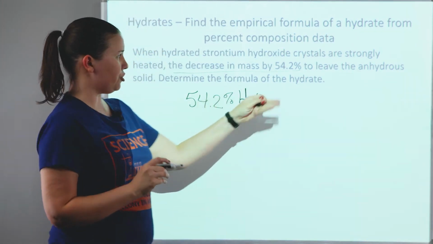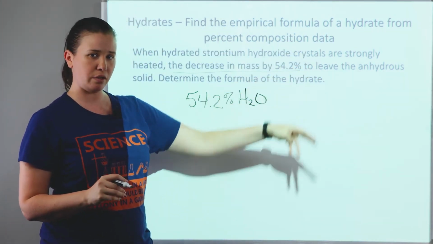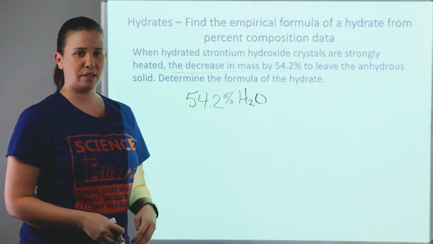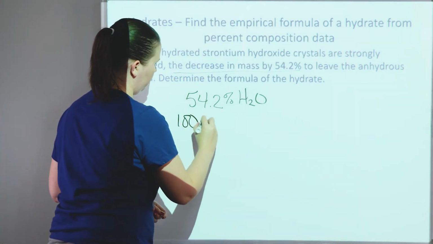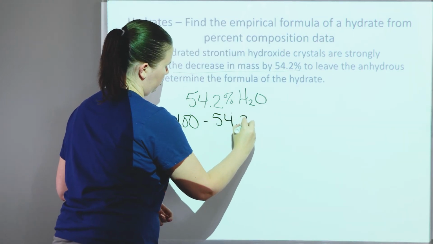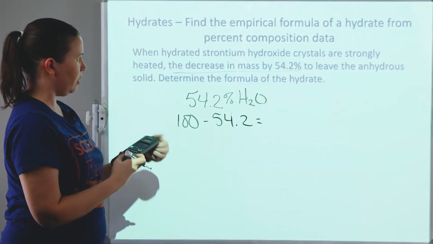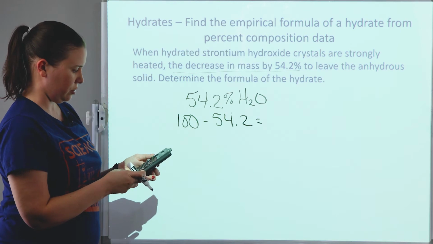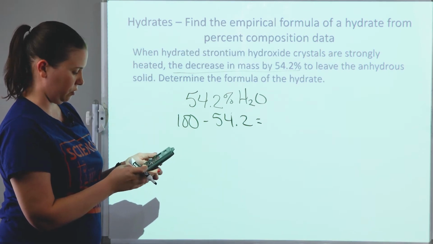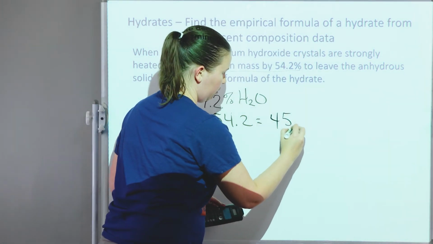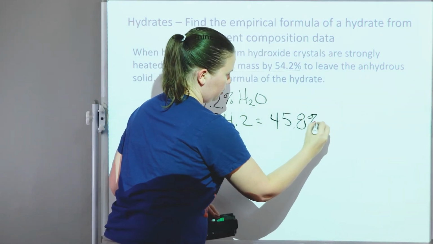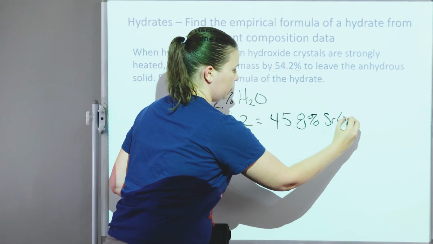And after reaching constant mass, after removing all of that water, what would be left is the anhydrate. So if I find the difference from 100, I can get the percentage of the anhydrate, or in this case, the strontium hydroxide. So 100 minus 54.2 is 45.8% strontium hydroxide.